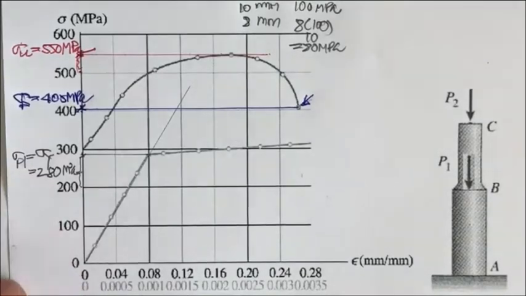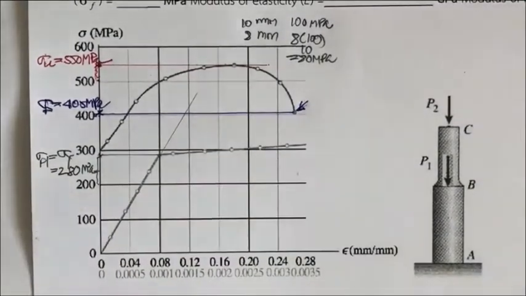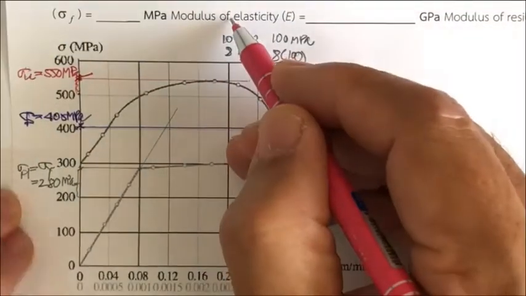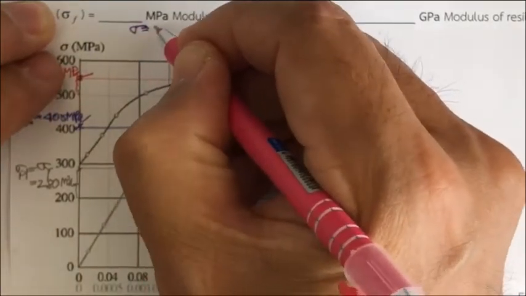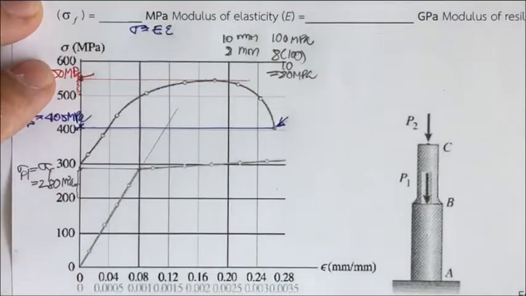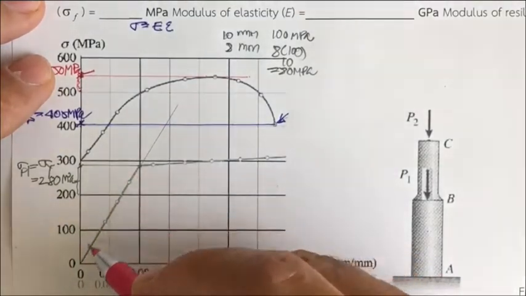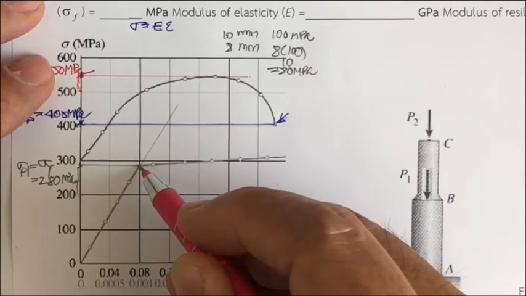Okay, and next they ask us to determine the modulus of elasticity. The modulus of elasticity follows Hooke's law, sigma equals E times epsilon. It can be computed for the linear elastic region, so it can only be computed up to the proportional limit, or practically up to the yielding stress.